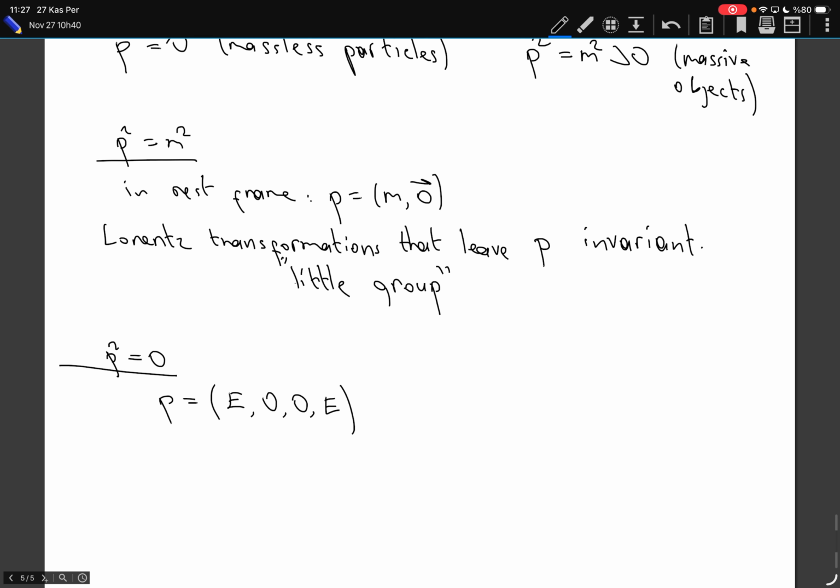This is my P. P squared is 0. This is a 4-momentum. I'm choosing my z-axis in the direction of the space component of this 4-momentum. Now, the Lorentz transformations that leave P invariant are nothing but rotations in the xy plane around the z-axis. I don't have the full rotational symmetry. I just have a smaller rotational symmetry to classify my particles.